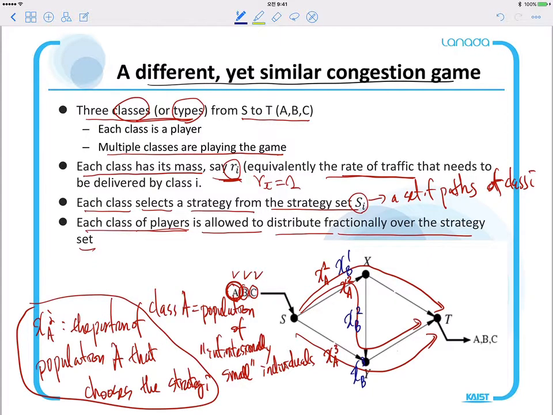That's the portion of the population B, or class, here I'm using class and population interchangeably, same thing, that chooses the strategy I. The same thing for X_C1 and X_C2.